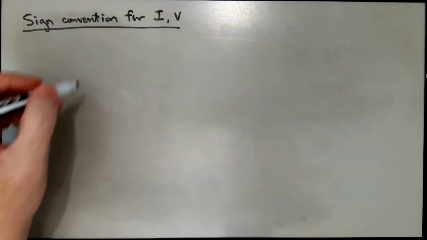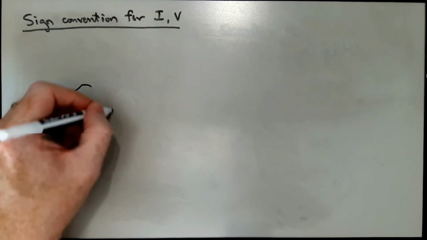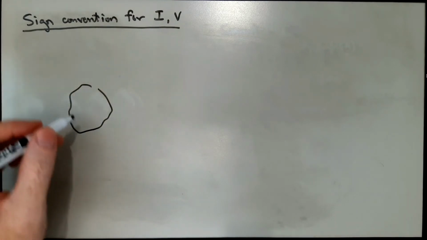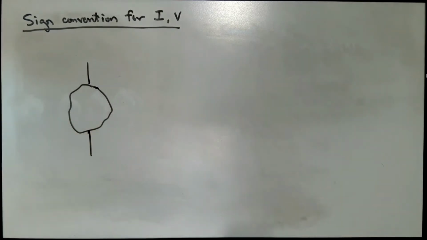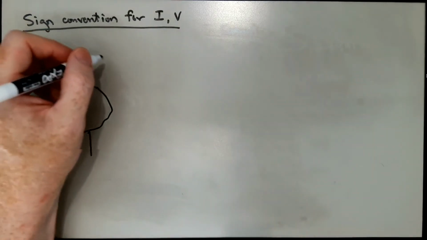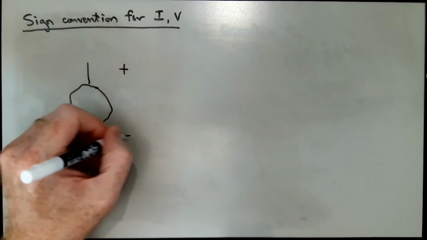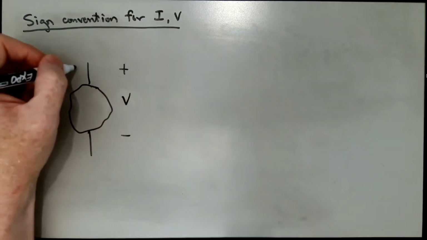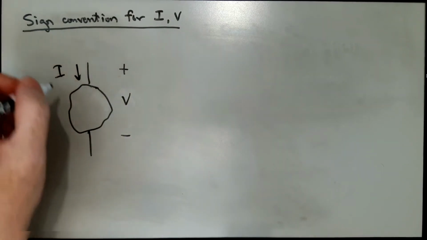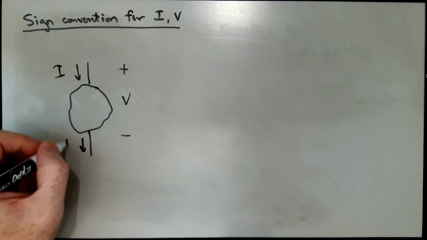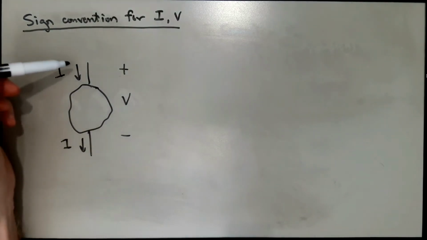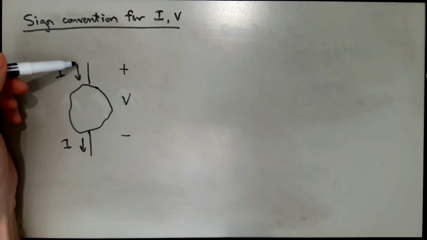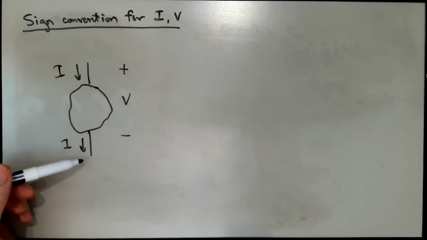So if we have some circuit element, which I'll just draw as kind of a blob here with a couple of wires sticking out, and it has some voltage across it and some current flowing through it. Current will flow from the higher potential, the more positive side, to the more negative side.